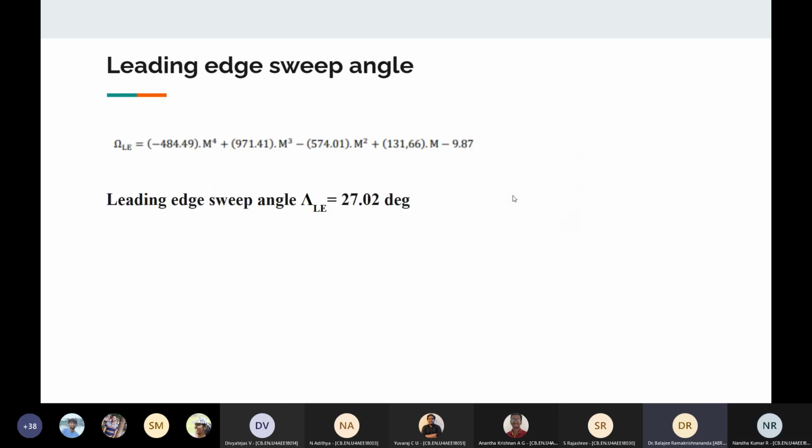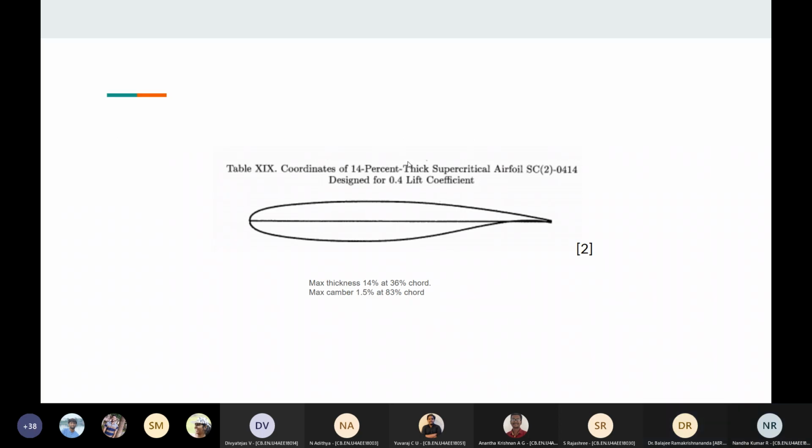How is the supercritical airfoil different from other types of airfoil? Sir, it reduces the wave drag. Shape-wise, how is it different? This was a GATE question, so I'm asking you now. Maximum camber, it will go like a reflex airfoil. The lower coordinates will go above.